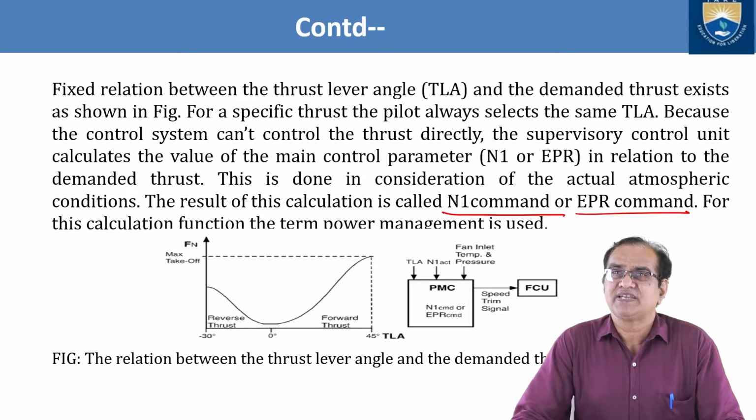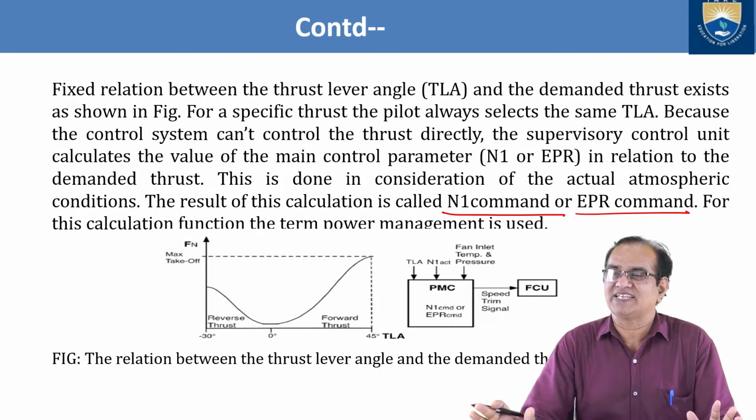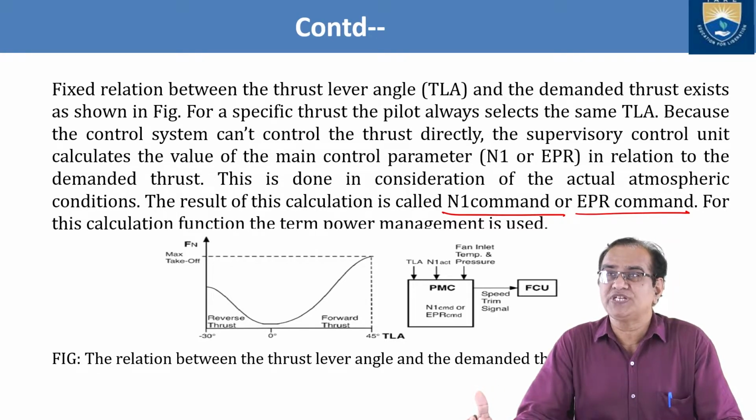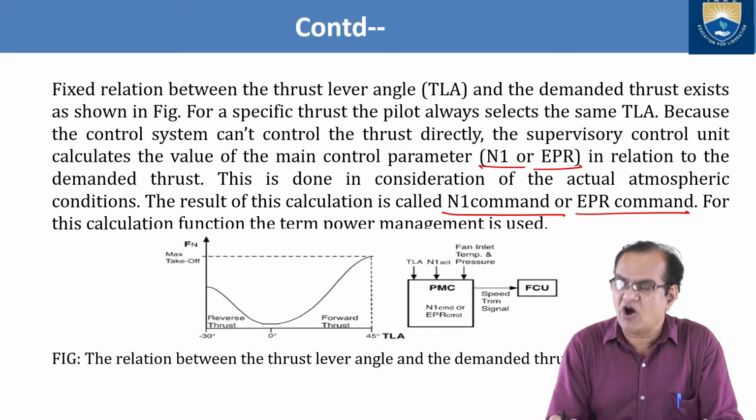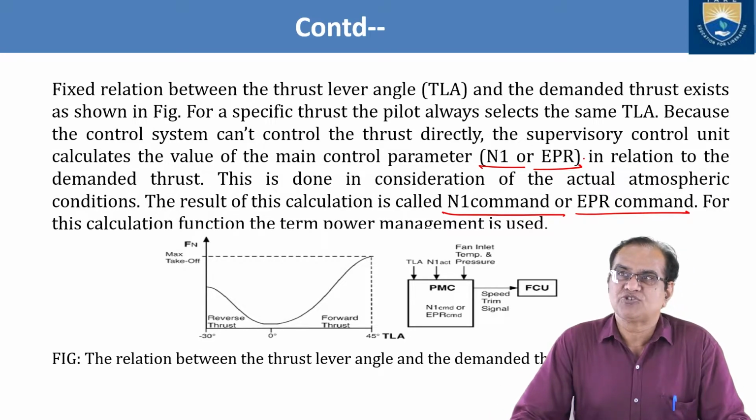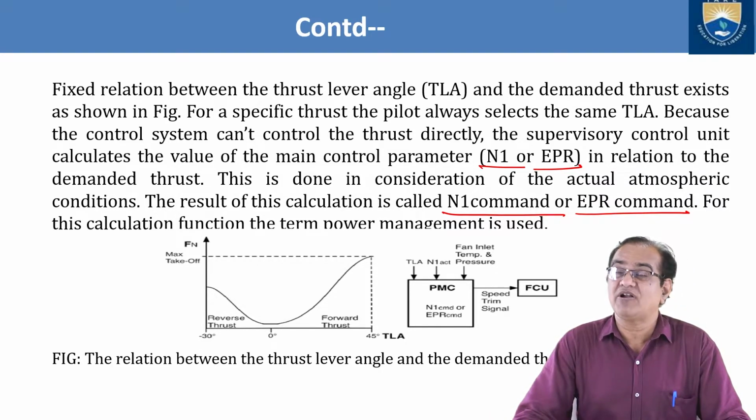So we know that the control system cannot control the thrust directly. So there is a supervisory control unit that calculates the value of the main control parameters, meaning how much N1 is required or how much engine pressure ratio is required in relation to the demand of the thrust.